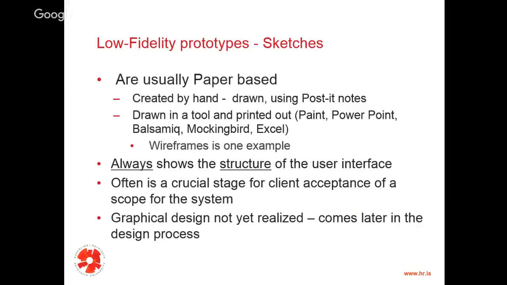Use post-it notes to do that. And then later on, you can add some digital tools to make the prototypes, like wireframes and so on. But these paper prototypes always show the structure of the user interface.